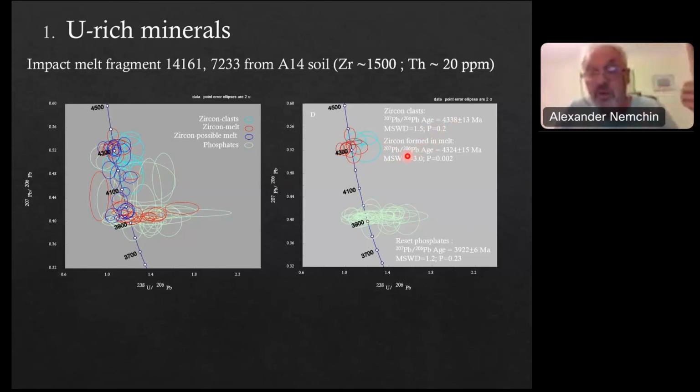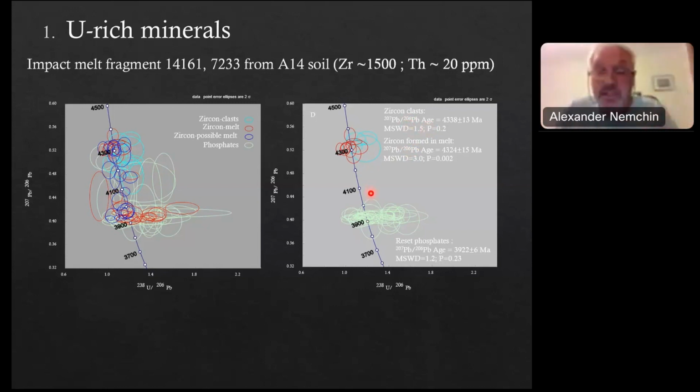The material that formed in the melt is 4.324 billion years, and we think that is the age of formation of the melt. We don't really know where the target was formed just before this event, or whether these inherited pieces were reset by impact.